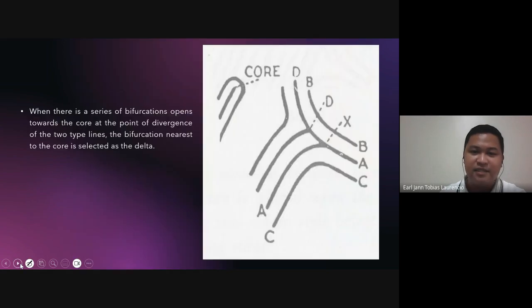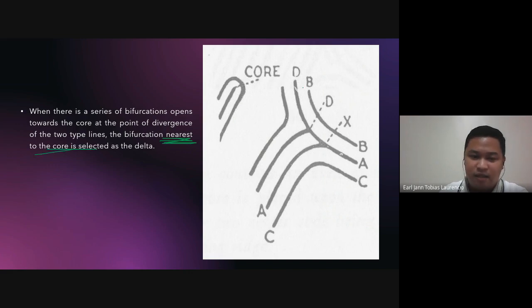Now, another example. What are we going to do if at the point of divergence there is a series of bifurcations? When there is a series of bifurcations that are opening towards the core, we will select the bifurcation that is nearest to the core of the pattern.